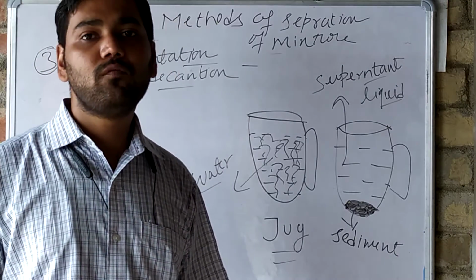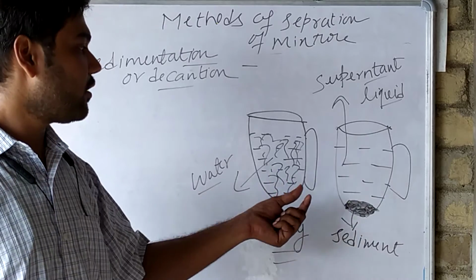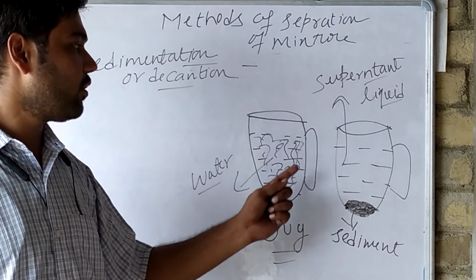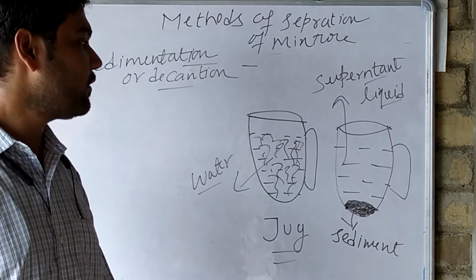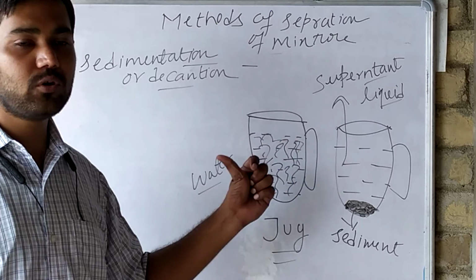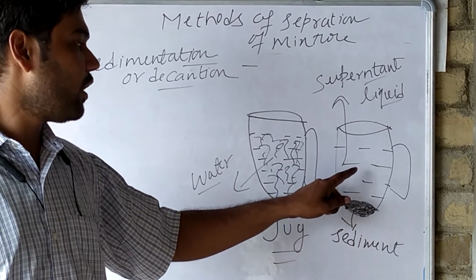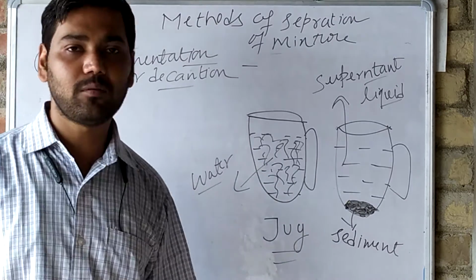Now what will we do? We can separate that liquid out into another vessel, by pouring it slowly from this jug to that vessel. If you pour that water slowly, the sediment will remain settled down, and we can separate most of the liquid from the sediment.